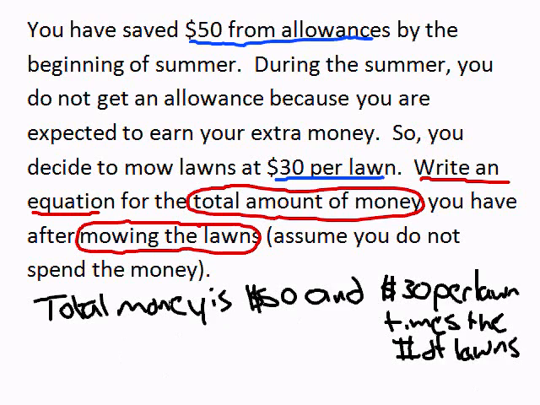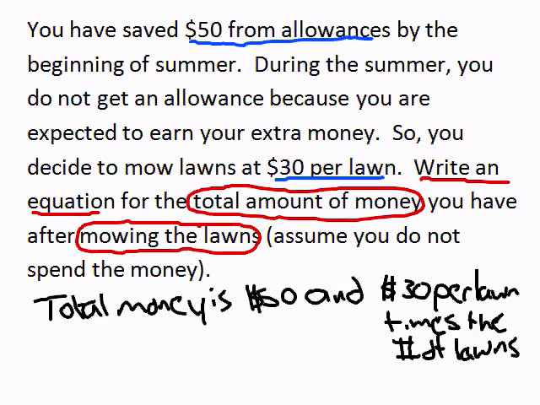So what I have here is a sentence that describes the amount of money we have. The money you have is $50 plus $30 per lawn times the number of lawns. The reason I have to multiply $30 per lawn times the number of lawns is because you get $30 for every single lawn. So let's give some of these variables.